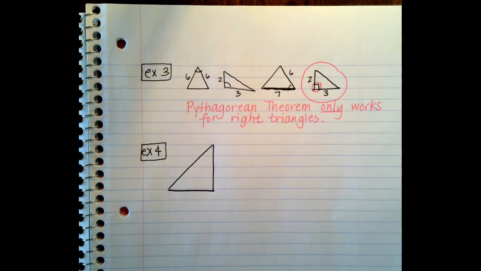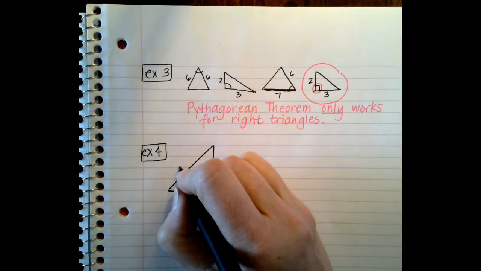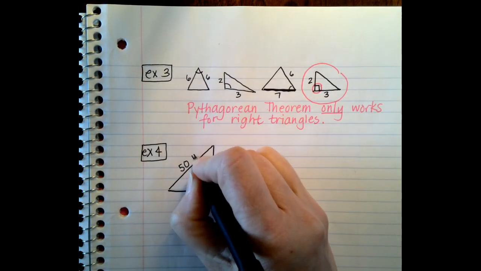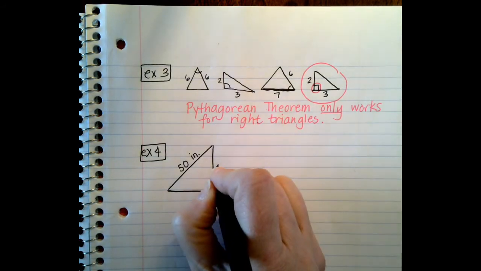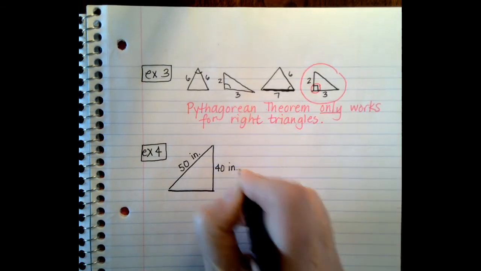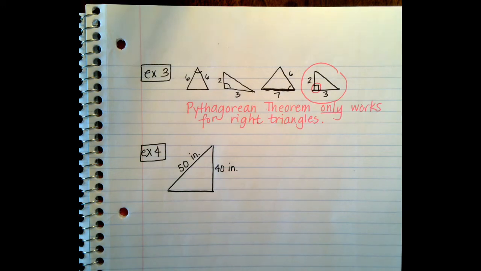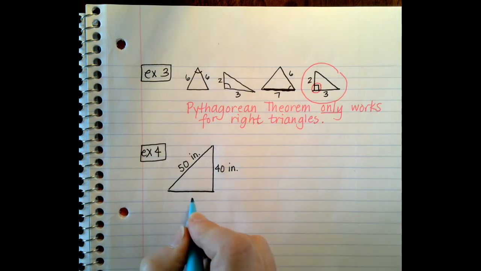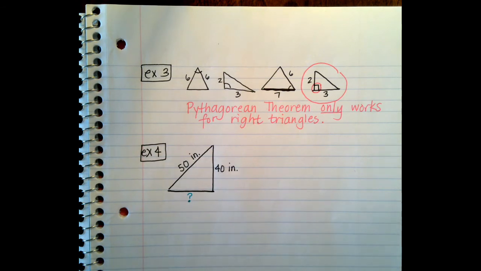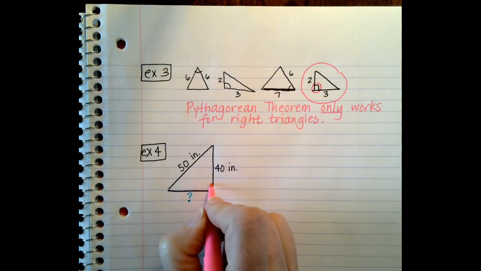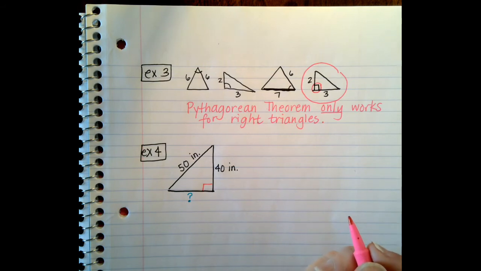So you have a little triangular window. And on this side, they say that this is 50 inches long. And on this side, they say that it's 40 inches long. And so what they want to know is this length right here. And the only other clue they give you is they put the right angle notation there.